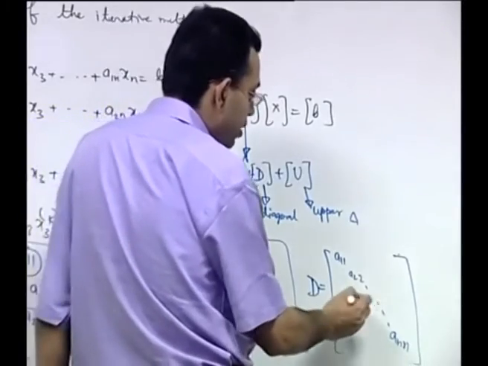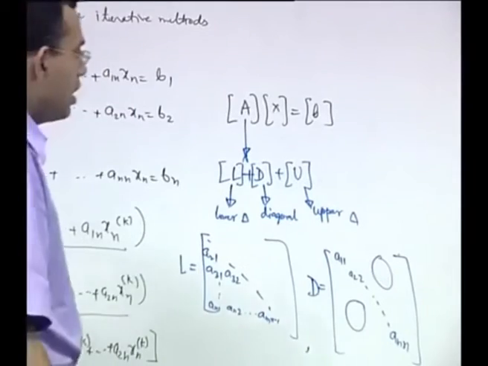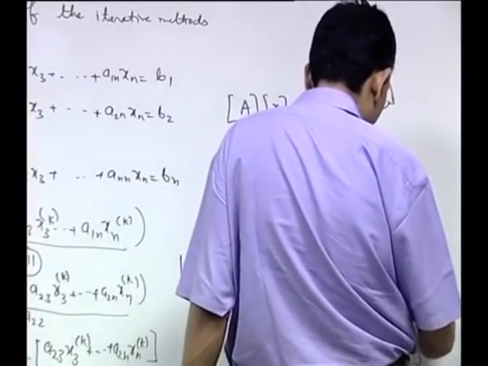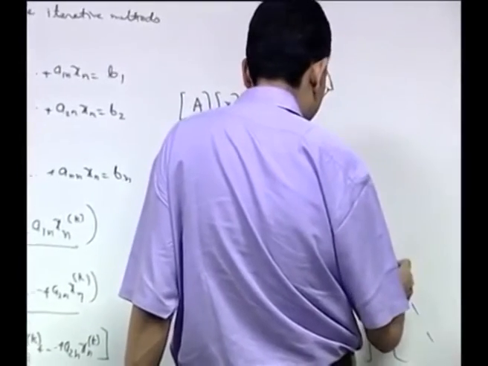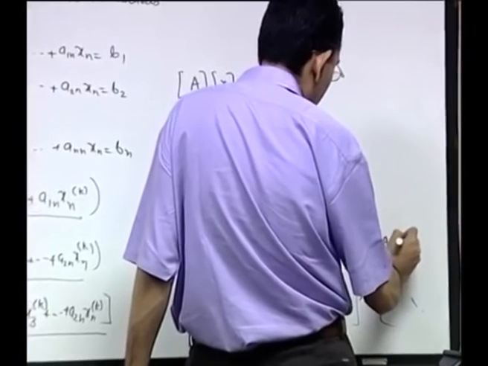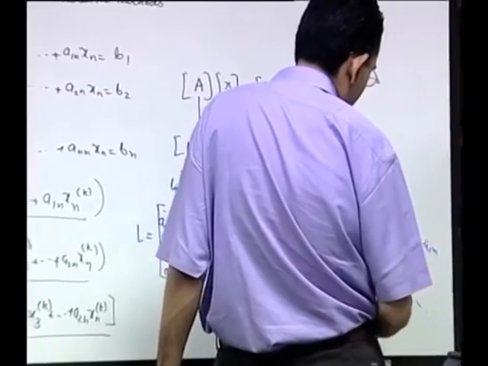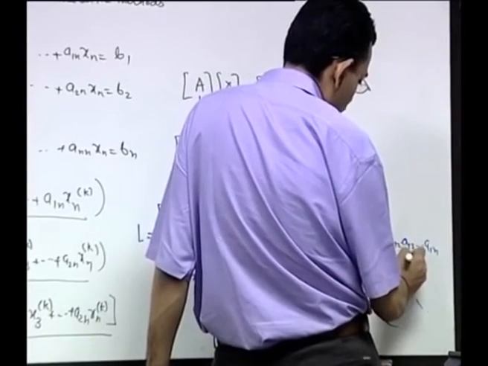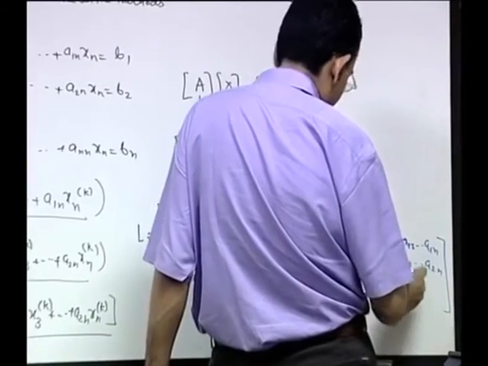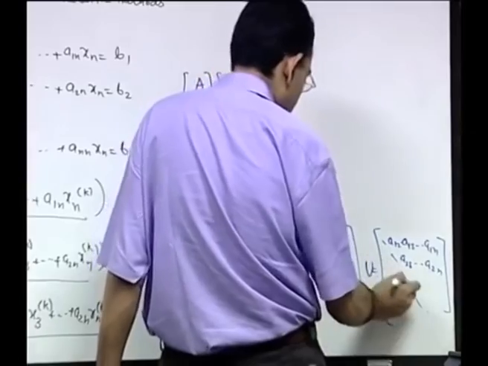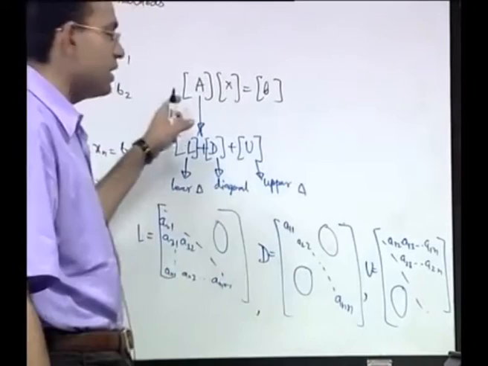It is just a diagonal matrix and zeros on both sides of the diagonal. And what is U? A12, A13 in this way, A1n, then A23 in this way, A2n, and so on. So, if you add L, D and U, you will get the coefficient matrix A.